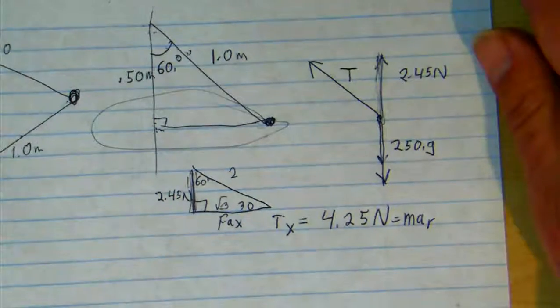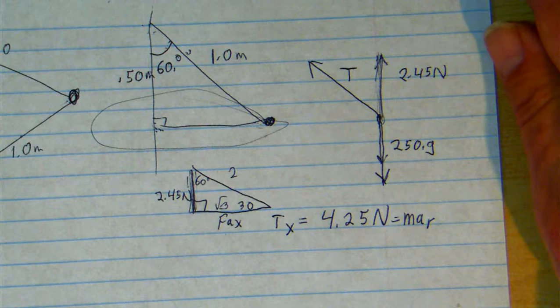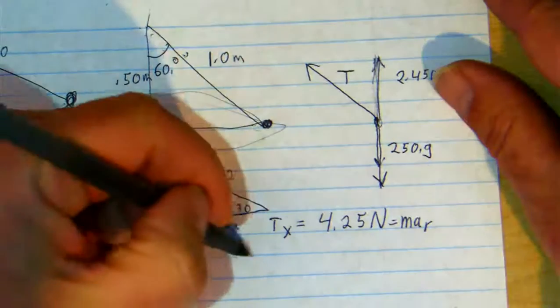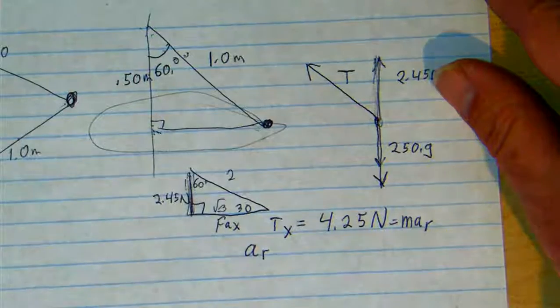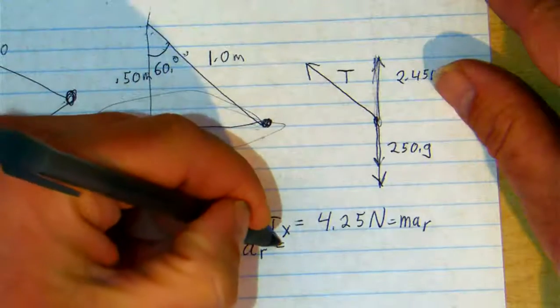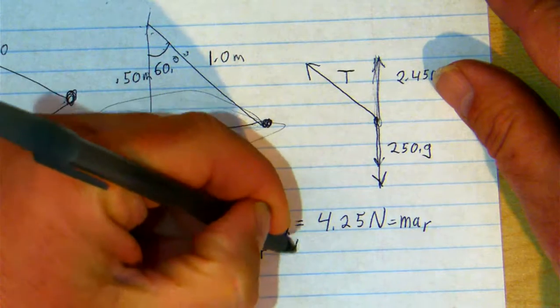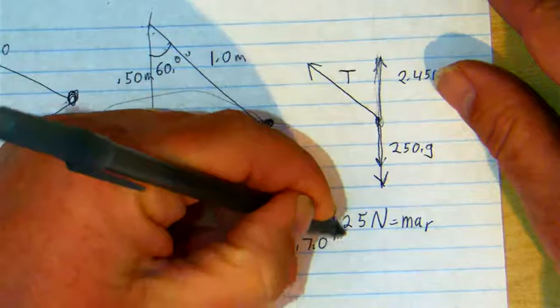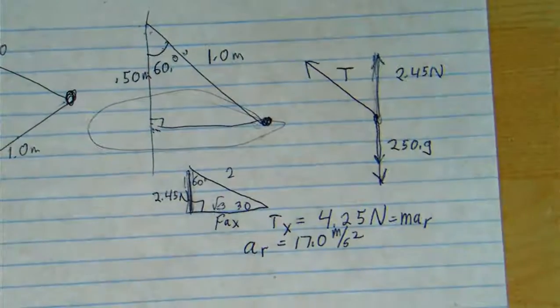If I divide that by the mass of 250 grams, then I have a radial acceleration of 17.0 meters per second squared inwards.